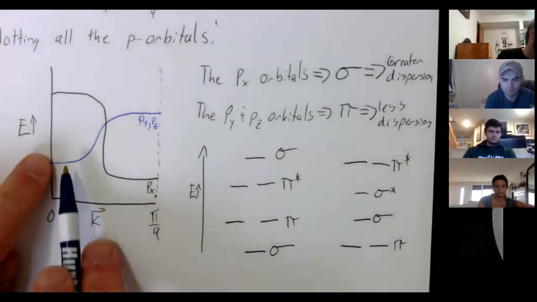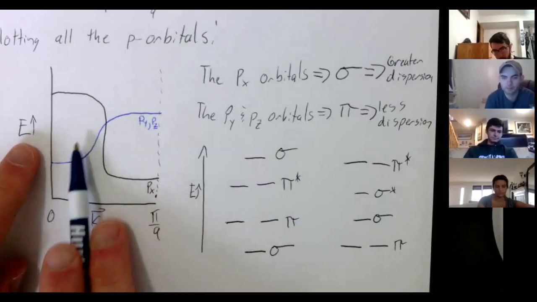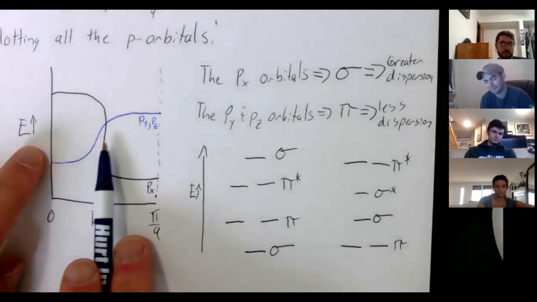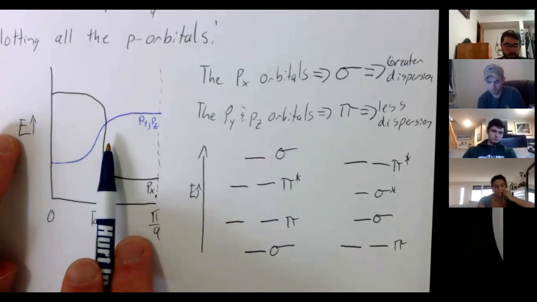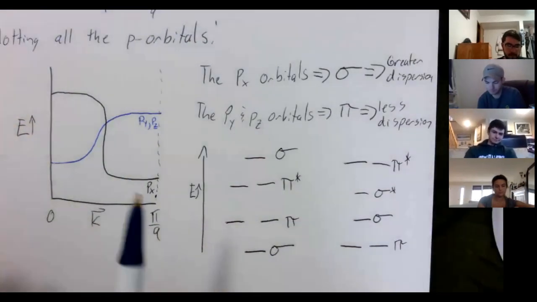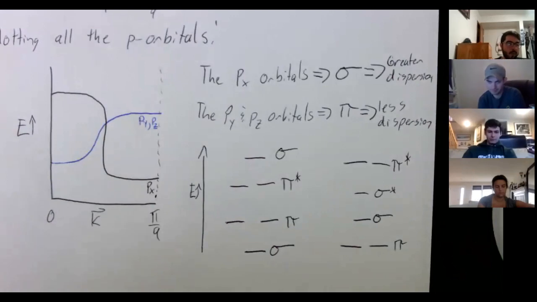Oh, so it should look like this, if you're plotting all of them. It'll look like two bands, but there are actually three bands in there. Does that make sense? Did that answer your question? My question is more, let's say we ignore the separate orbitals, pz, py, px, and we just draw all the p orbitals as one band.